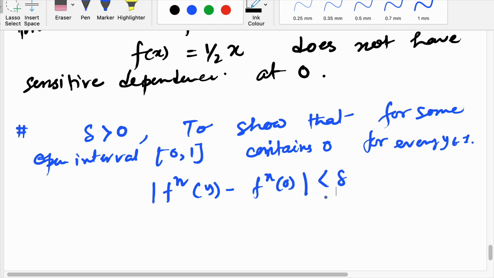So that means we know that f^n(0) is 0. If we put x equal to 0, that will be 0 for everything. Now that means we have to find that f^n(y) is less than delta.